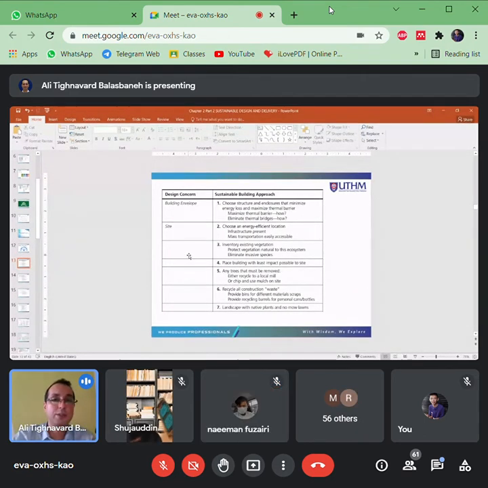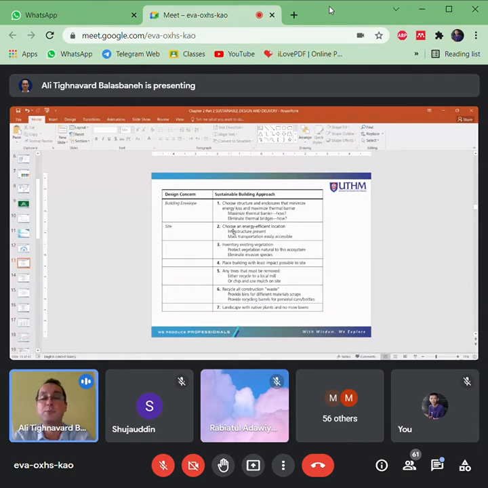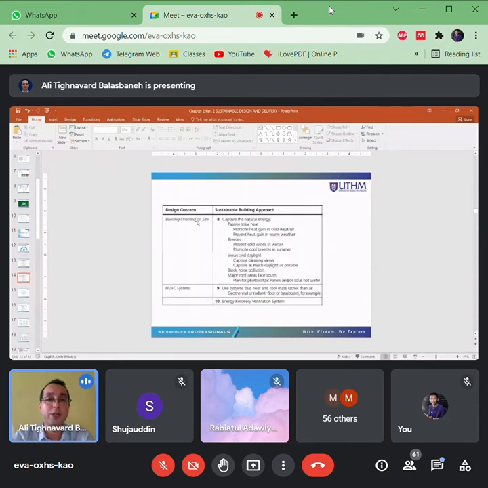The issue related to the site, as you can see: choose an energy efficient location, with infrastructure and mass transport easily accessible. And there are other elements you can read later. For building orientation: capture natural energy, such as sunlight, or use passive air cooling inside the building.